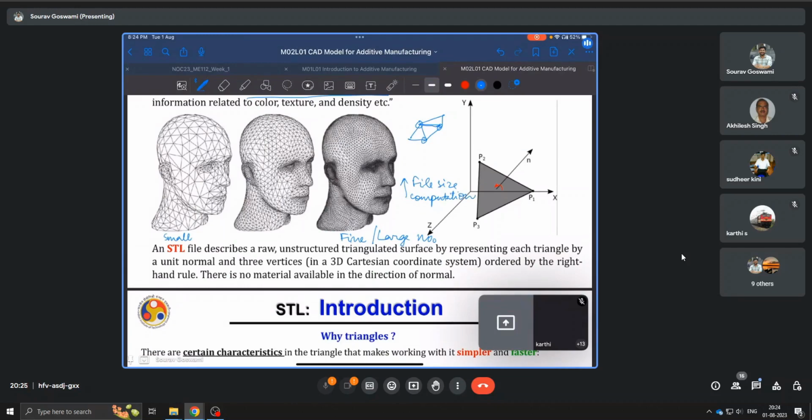This will increase the error. So what you want is something in between, something which is optimum both for performance and size, whereas not compromising on the details or the geometrical accuracy itself.